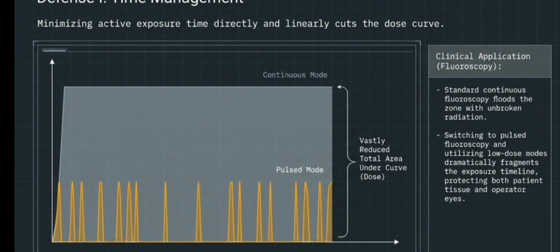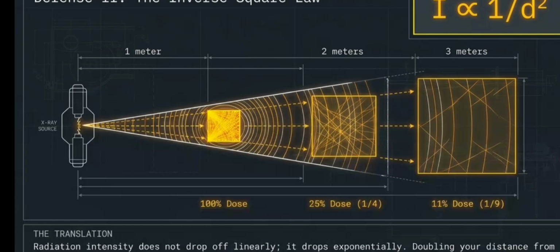Let's break down the first defense, time management. Minimizing active exposure time directly and linearly cuts the dose curve. As you can see in this graph, standard continuous fluoroscopy results in a zone of unbroken radiation.